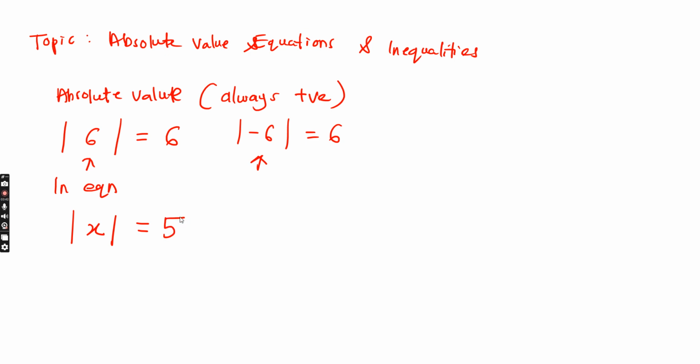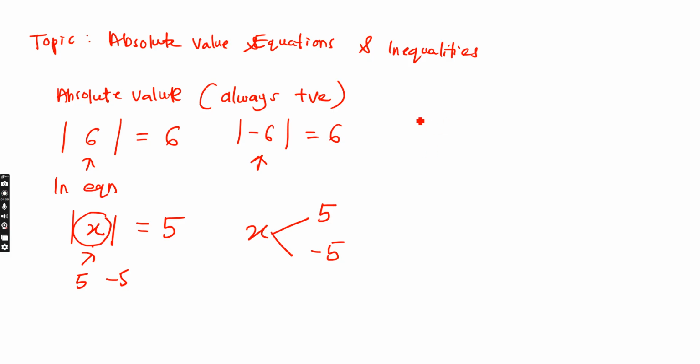What does this mean? Do we know the value of x? Basically, the value of x inside the modulus can be 5 or negative 5, because the absolute value is always positive.